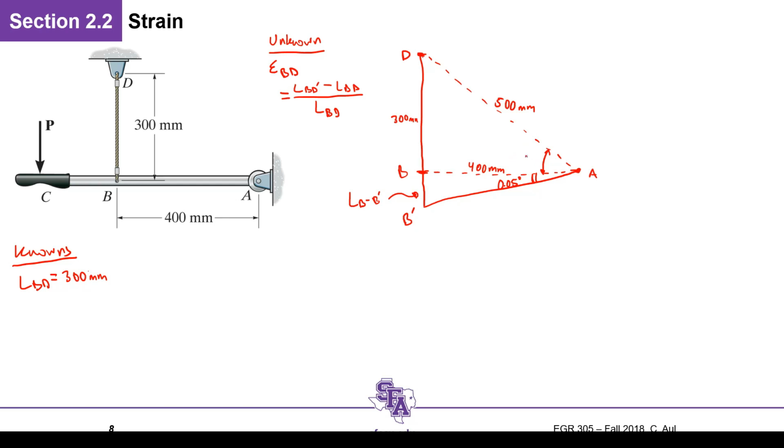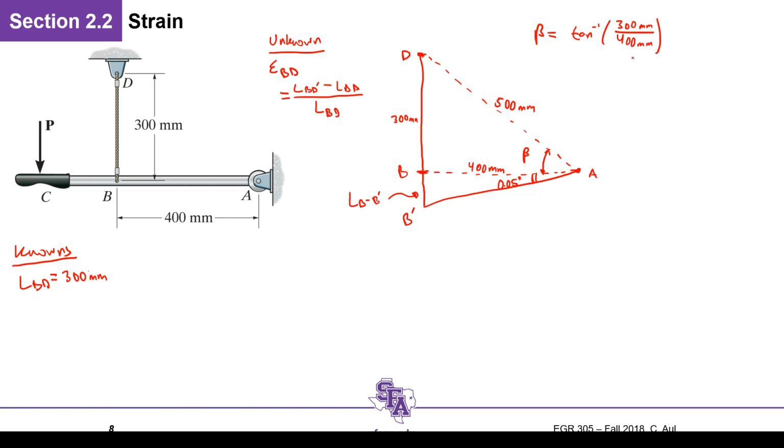So we can find this angle, and I want to call it theta, but maybe I'll call this beta, right? I can find beta here by just saying, I don't even need to know this 500. I can say the beta should be equal to the inverse tan of 300 millimeters divided by 400 millimeters.